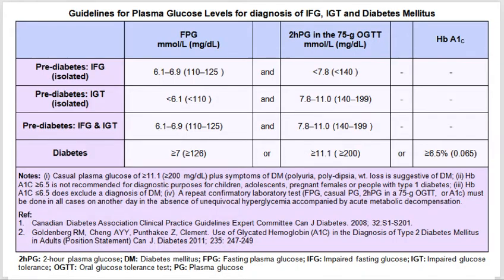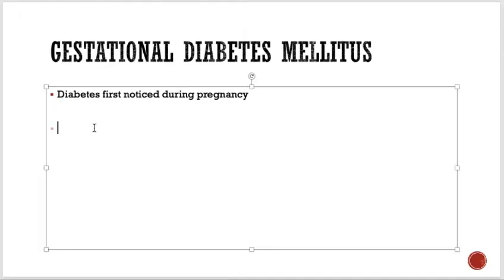So most of the time, in the developed world, they do this for the general population, where we say that we are going to conduct a sugar test. We do it in the middle of the pregnancy for screening purposes, or if the patient has signs and symptoms, we can do it anytime.